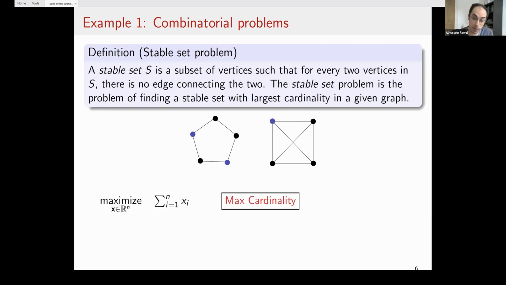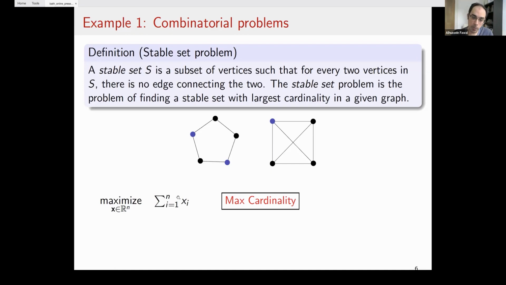Okay. So how do you frame this with polynomials? Let's say that your graph is of size n. You want to find the largest stable set, so it's a maximization problem, and x here is going to be the characteristic vector, the characteristic function of whether each node belongs or not to the set S, the optimal set S. So it's either going to be 0 or 1, depending on whether you choose this node or not.